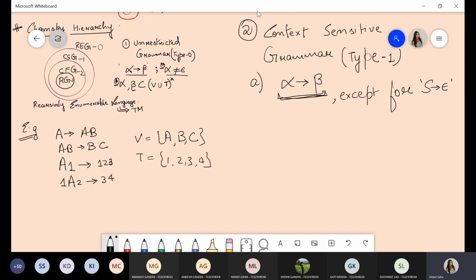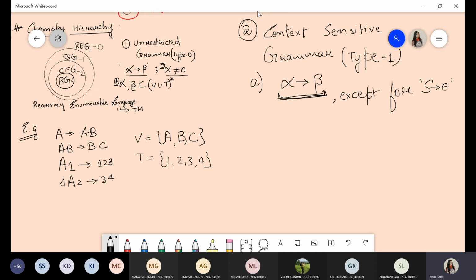So epsilon is actually considered as length 0. So length 0 is less, because the left hand side is having a non-terminal. Only except for this, where it is only epsilon, apart from that it says that the length of beta should always be equal to or greater than the length of alpha.